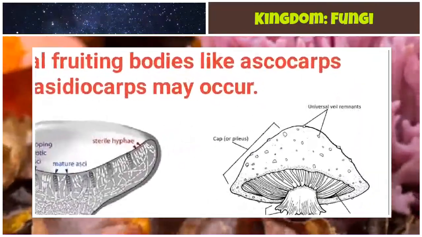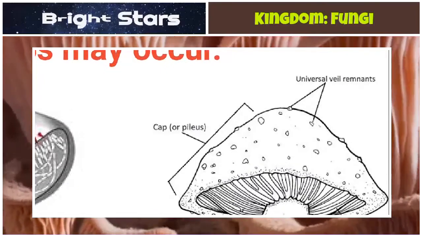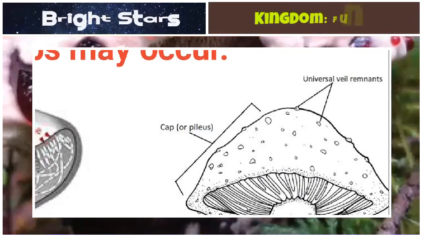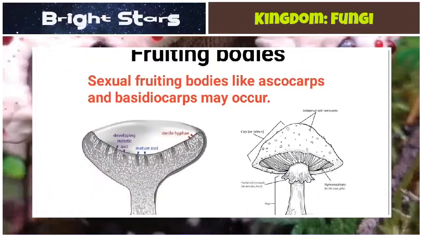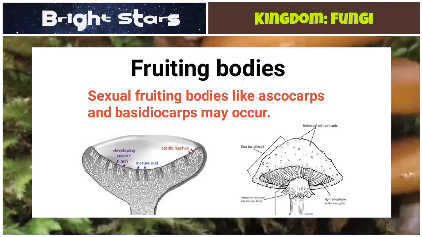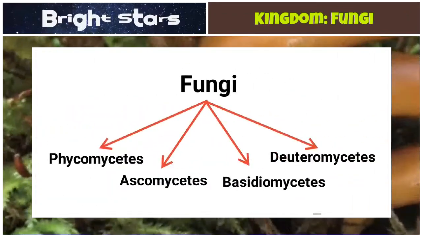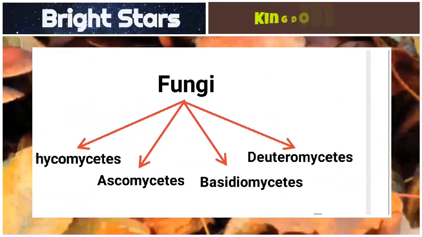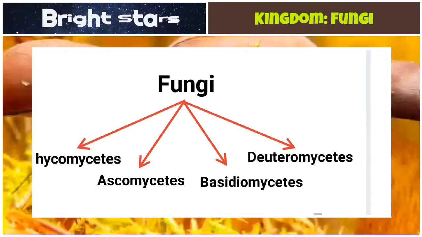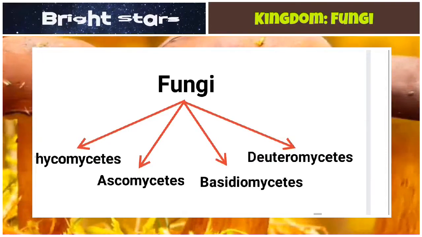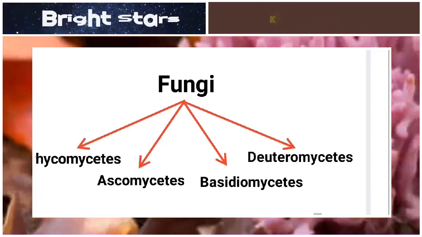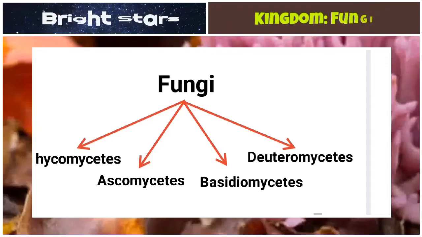This edible part of the mushroom is called a basidiocarp. Carpus means fruit. So the fruit-like structure of mushrooms is called basidiocarp, and that of ascomycetes is called ascocarp. Next, fungi are classified into four different classes. They are Phycomycetes, Ascomycetes, Basidiomycetes, and Deuteromycetes. These things we separately discuss in four different videos.